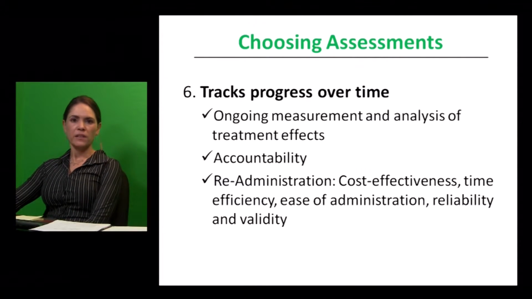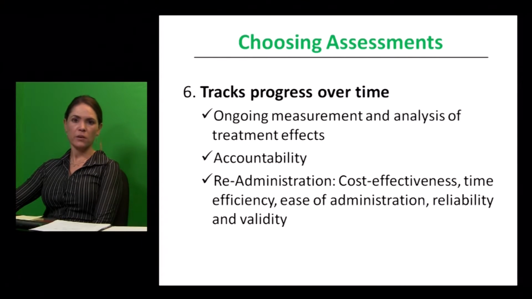It's also great if the assessment could track progress over time. You know, ABA is grounded in ongoing measurement and analysis of treatment effects, and we're becoming more and more expected to be accountable. So this is becoming increasingly important. Now, repeated administration of an assessment will contribute to a comprehensive picture of change in a child's learning.